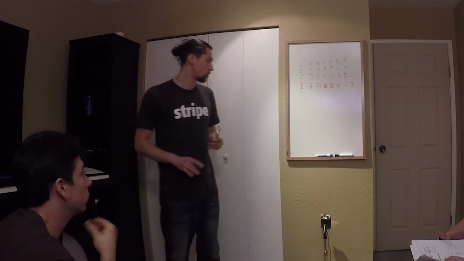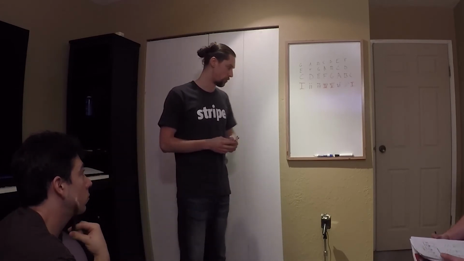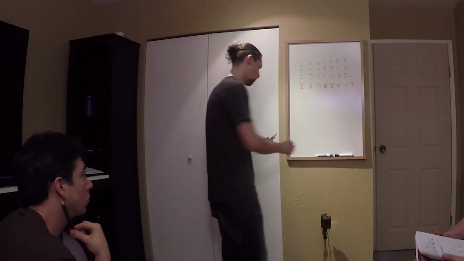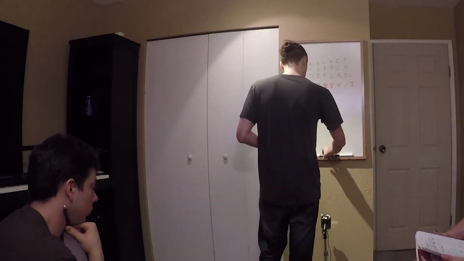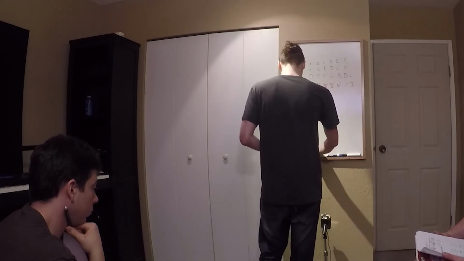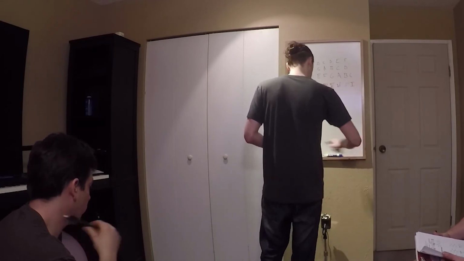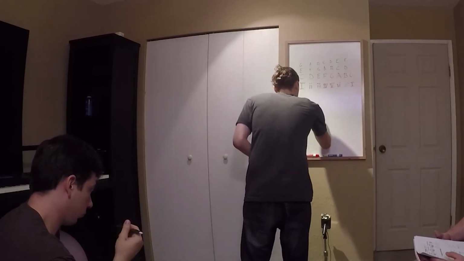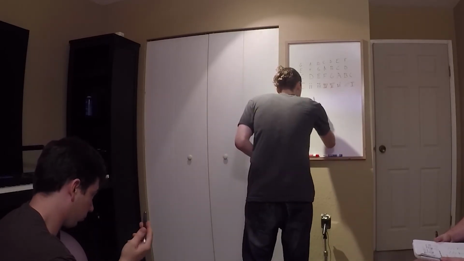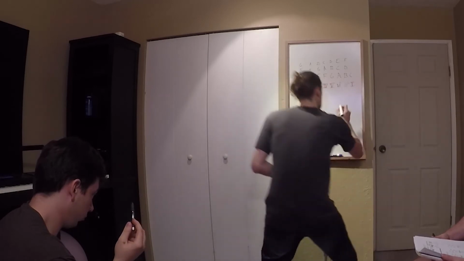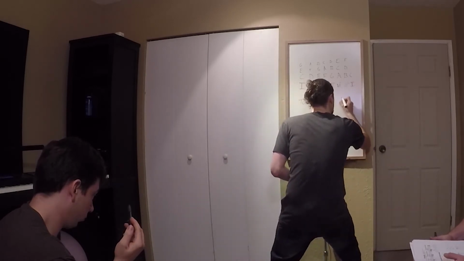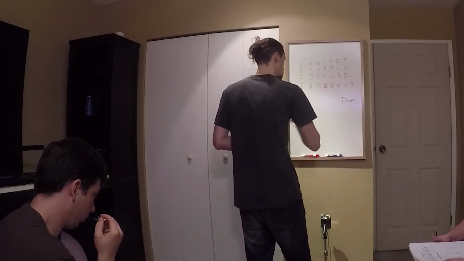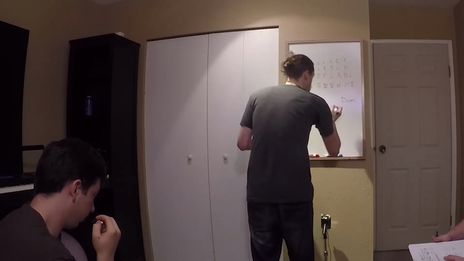So these triads fall into 3 categories. I'm just trying to decide which colors to use. So we have tonic, dominant, and then predominant or subdominant.